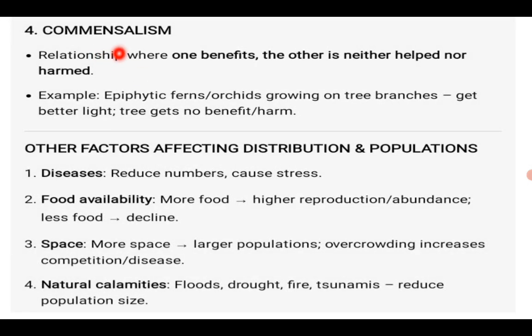Another one is commensalism. Commensalism is a relationship where one benefits, the other is neither helped nor harmed. Examples are organisms such as epiphytic ferns.